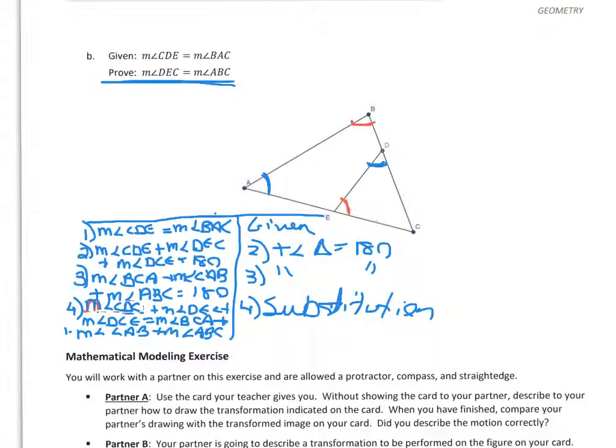So I need to get rid of that. Okay, CDE is going to go away, and then BAC is equal to CDE, so that's why, because we're doing all this transformation. And what we're going to do is just subtract all those, and we end up with the measure of angle DEC is equal to the measure of angle ABC. And the reason why, that was the subtraction property.